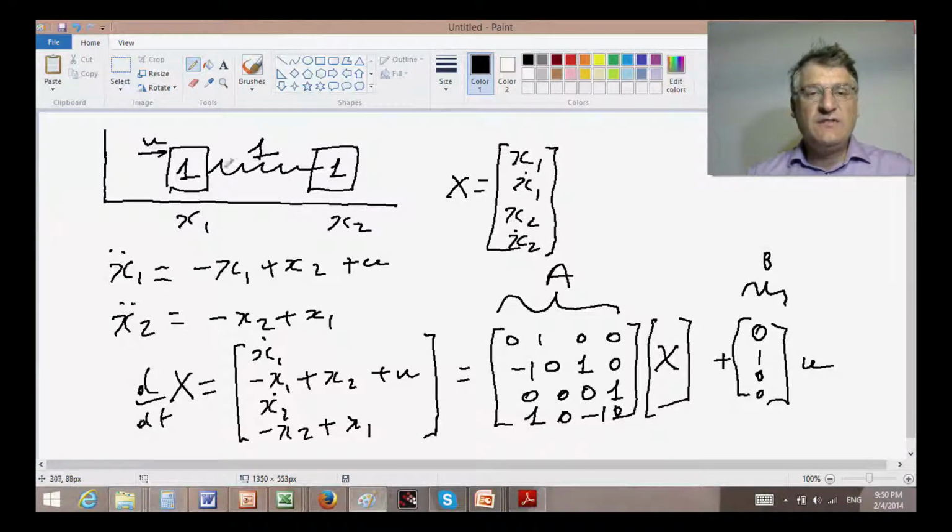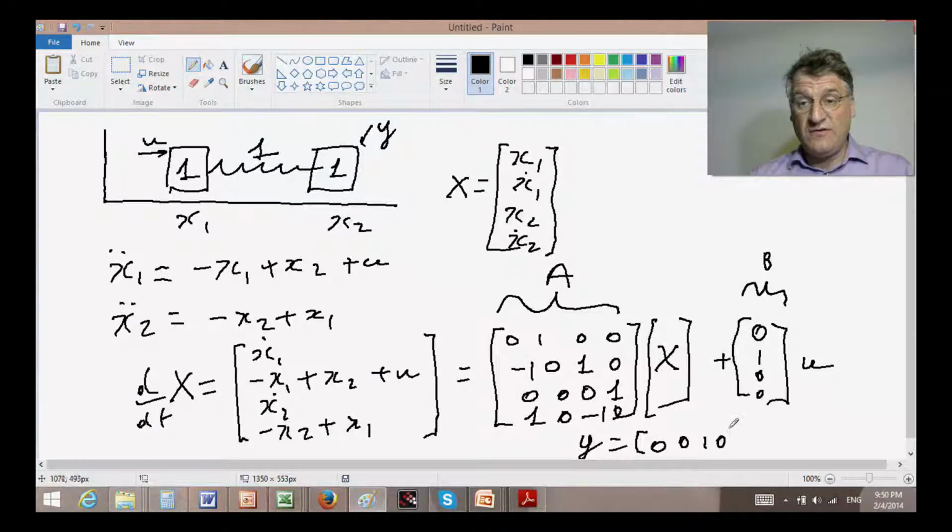Now depending on where I read my position, say I read my position here, y is equal to x2, then I can write that y is equal to cx plus du, where c is 0, hold on a second, 0, 1, 0 times x.